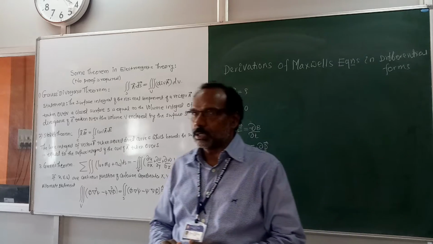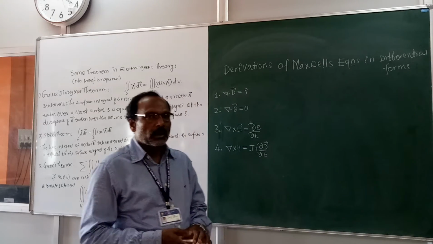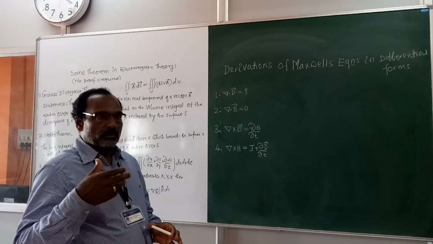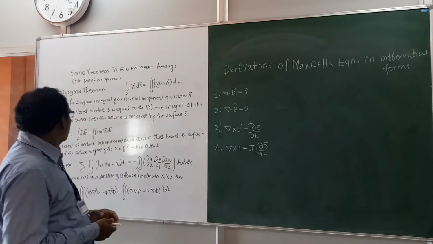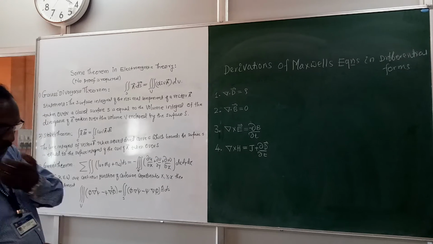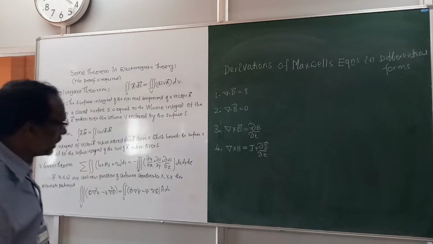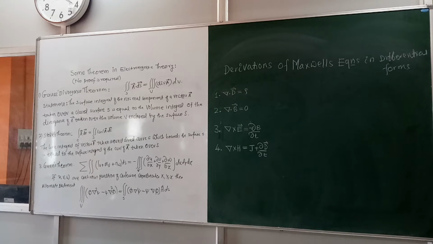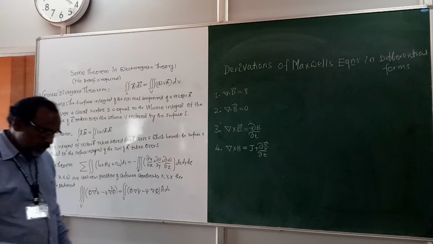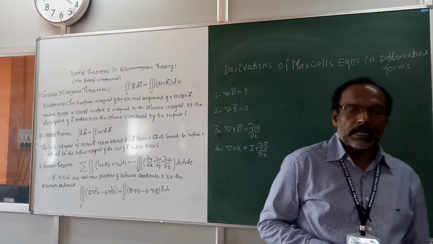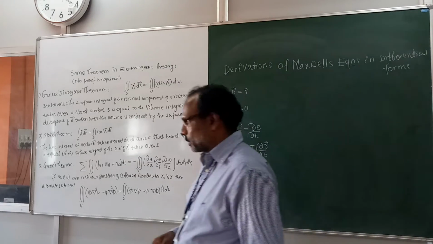In addition to these tools in vector calculus or vector analysis, we have some theorems in electromagnetic theory. As far as our syllabus is concerned, there are theorems in vector calculus. Hope you are going to study this in detail in mathematics in vector calculus.